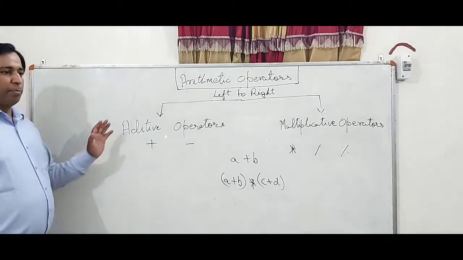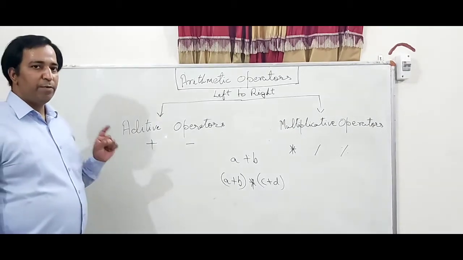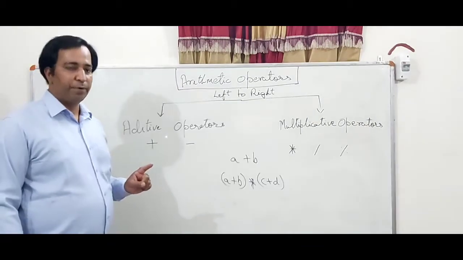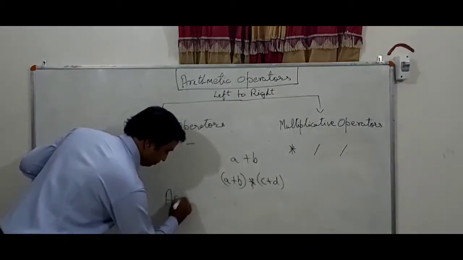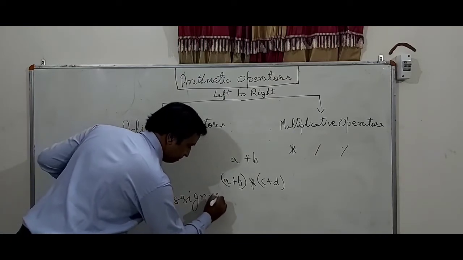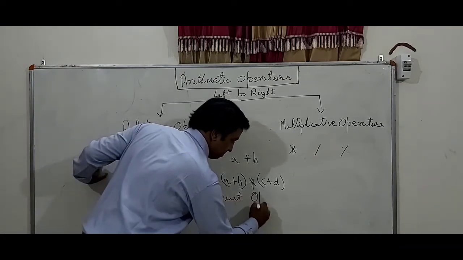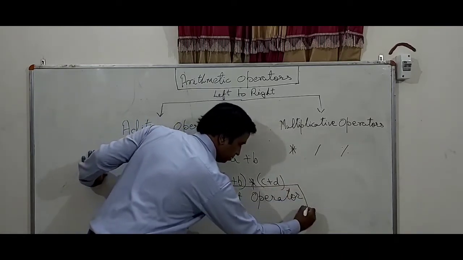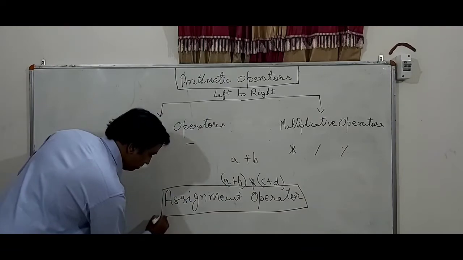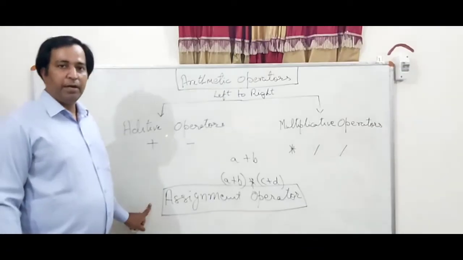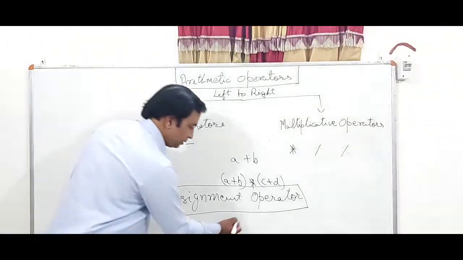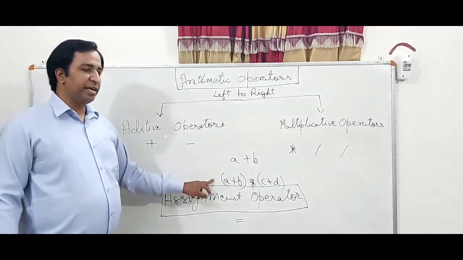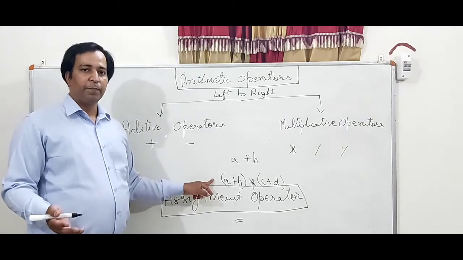Now to use all these operators, we need to understand one more very important operator, and that is the assignment operator. What is the assignment operator? The equal to sign is one type. Now these expressions cannot be written just like this.